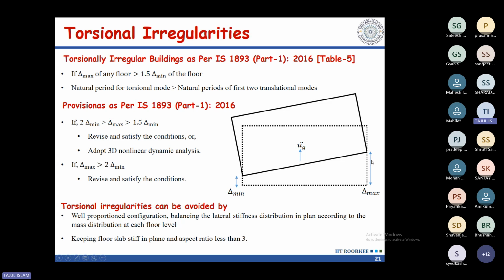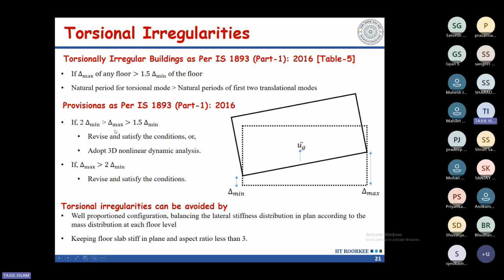When your delta max is more than delta mean, code says your structure is having significant torsion. But it doesn't mean that when this delta max is less than 1.5, there is no torsion. There is torsion, and that torsion you have to consider in your design.